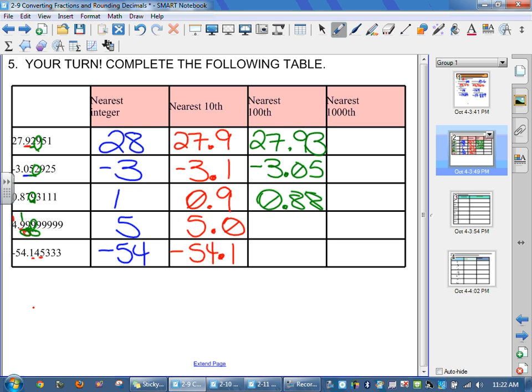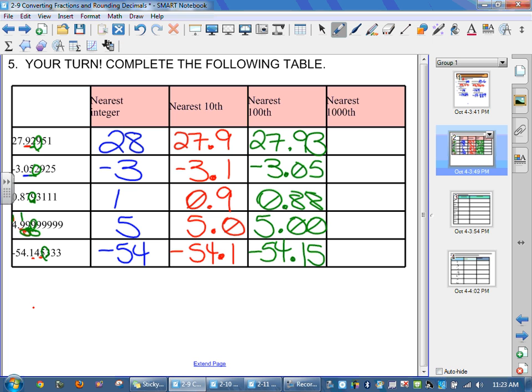So I'm going to get 5.00. I have to show both those zeros after. So I want to show 100th place. So you have to show those 2 decimals. Over here, what does that 5 tell the 4 to do? He tells that 4 to round up 1. So we're going to get -54.15. Okay, check your work so far.